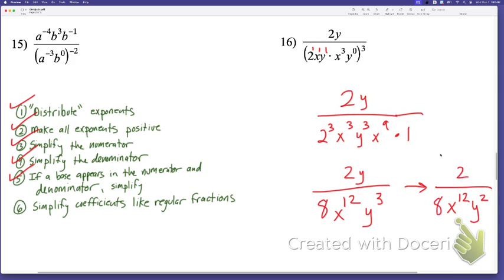And then it says simplify coefficients like regular fractions. So the coefficients are 2 and 8. This would simplify to 1 over 4. So the final answer is 1 over 4x to the 12th, y to the second.